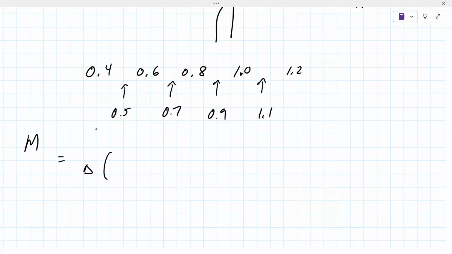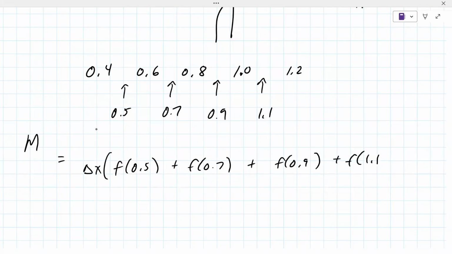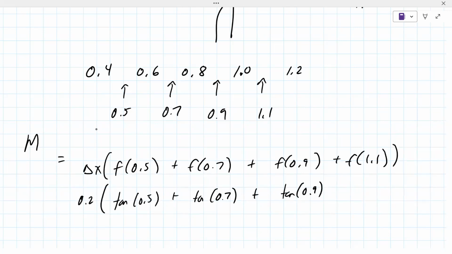It's just delta x times f of 0.5 plus f of 0.7 plus f of 0.9 plus f of 1.1. Tangent 0.5 plus tangent 0.7, tangent 0.9 plus tangent 1.1.